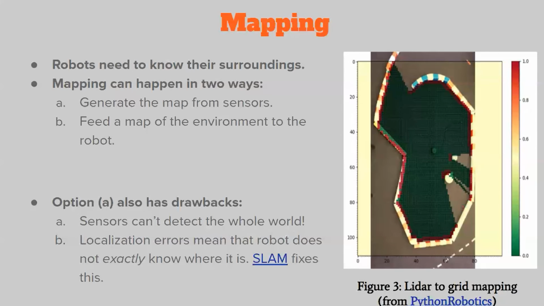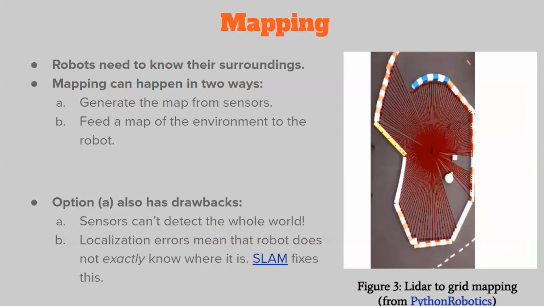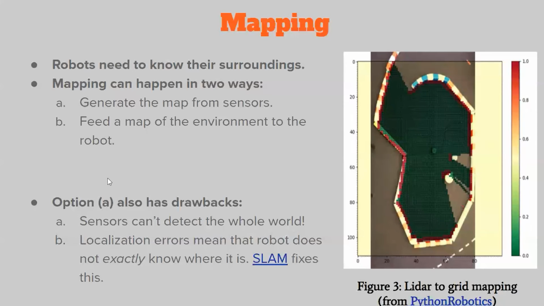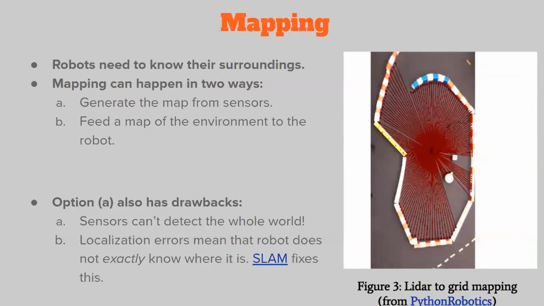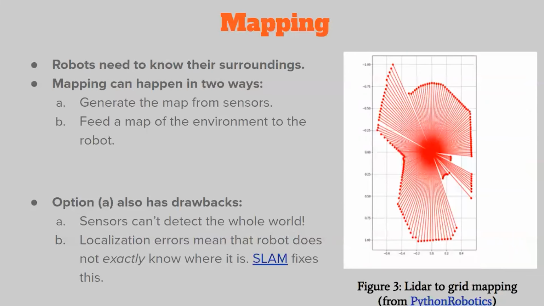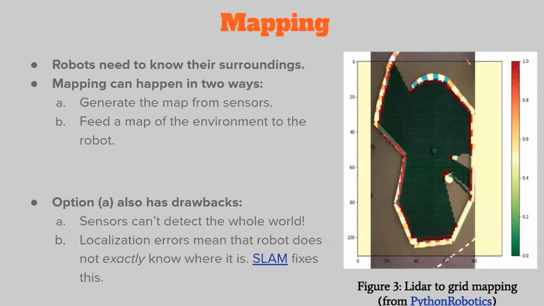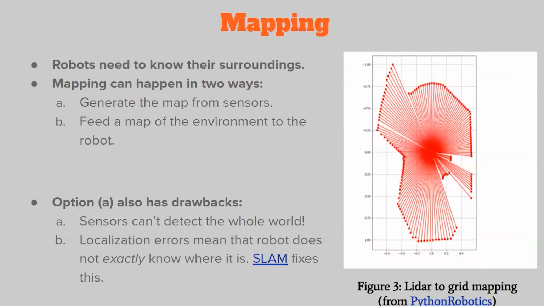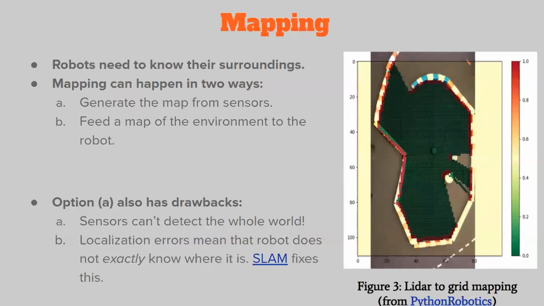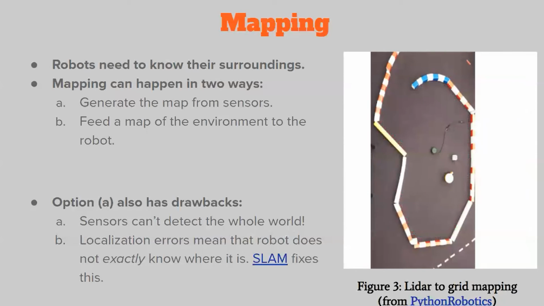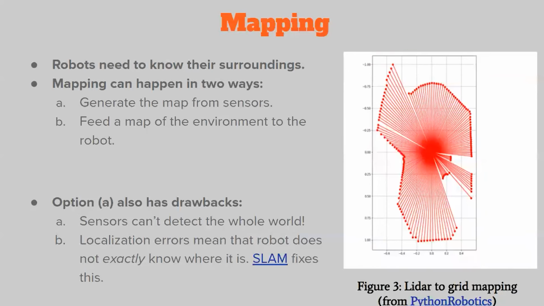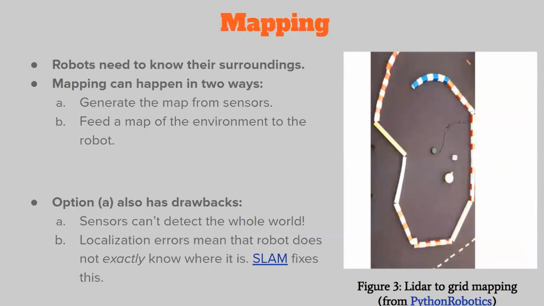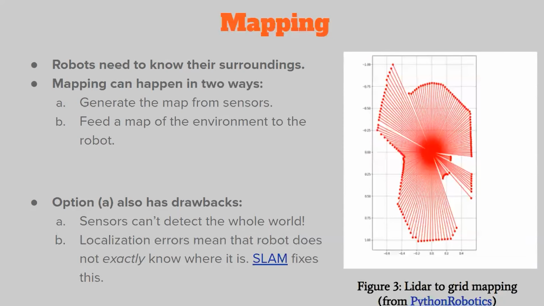So there are broadly two ways you can do mapping. One is you can manually feed in the data of where the obstacles are in the environment. That works in a static environment. Suppose you have a Roomba. Roomba is a bad example, but suppose you have a warehouse, where things are relatively fixed.